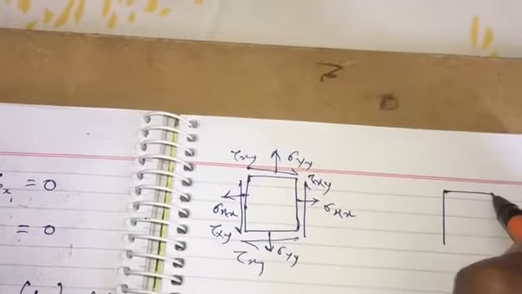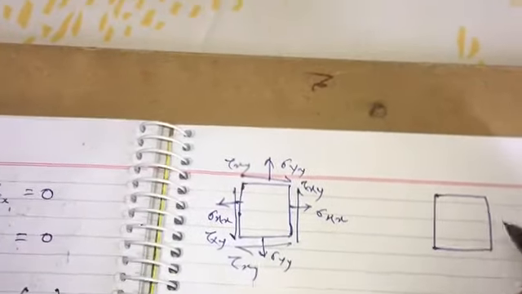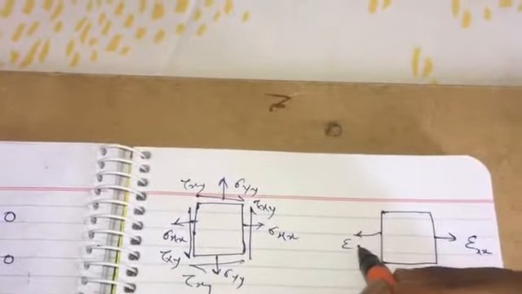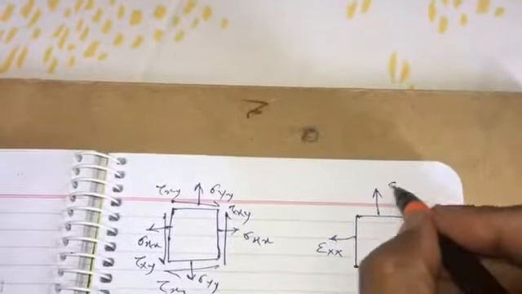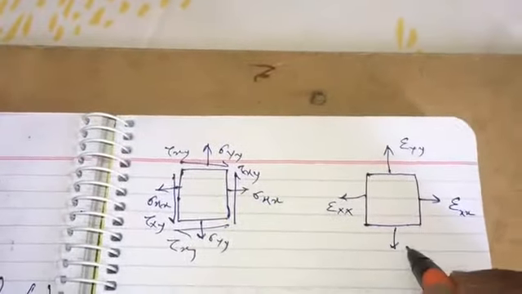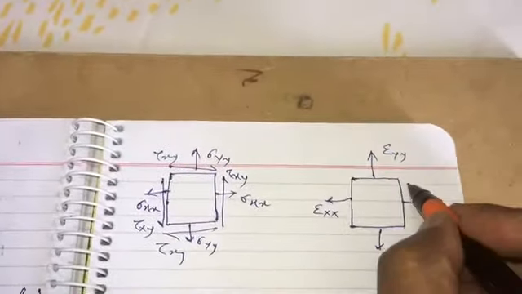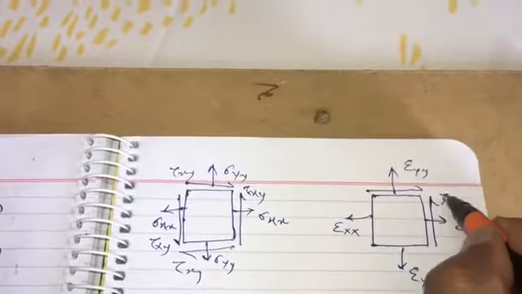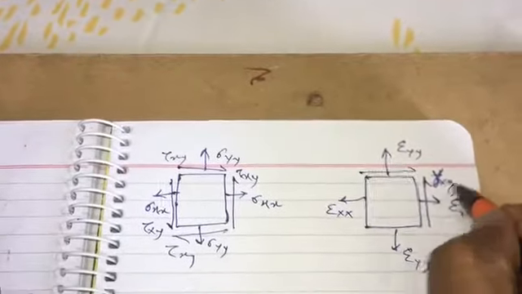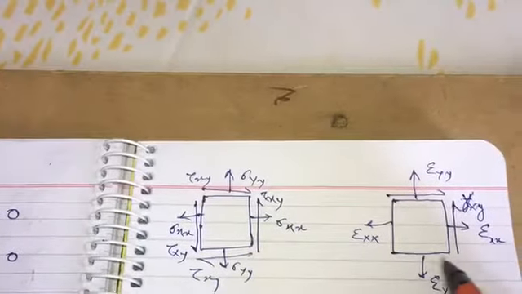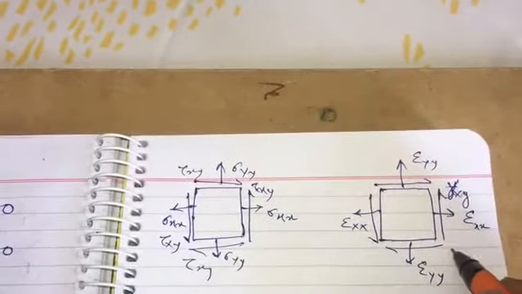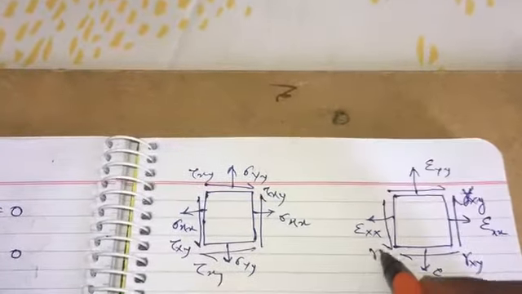This is what we drew as stress. The corresponding strain will be epsilon xx, epsilon yy, and then we will have gamma xy. So the gamma xy are the shear strains.